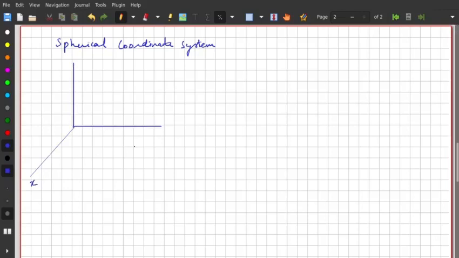This is our x Cartesian, y, z, and this is the point P whose coordinates were given by x, y, z in Cartesian.